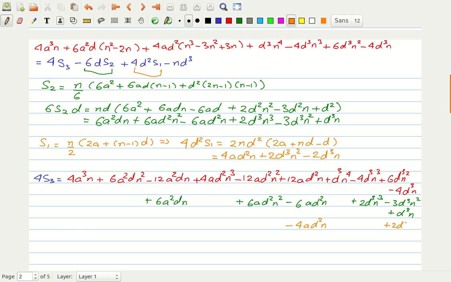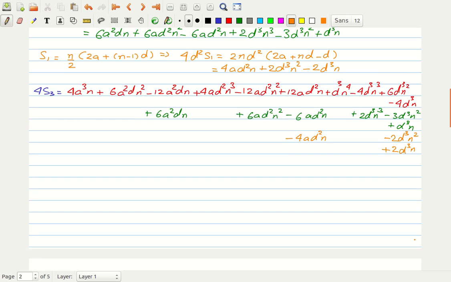I made a mistake because this is minus, so plus 2d cube n square will become minus 2d cube n square, and this minus will become plus 2d cube n, which is aligned with this d cube n, plus 2d cube n. Now simply add this all up.